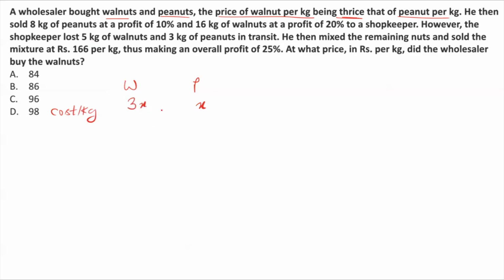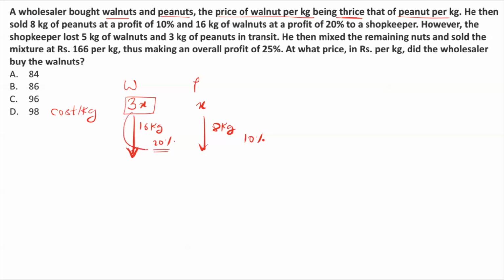The wholesaler sells 8 kg of peanuts at a 10% profit. Further, 16 kgs of walnuts are sold at a 20% profit. So we can now find the selling price for the wholesaler. The cost price for walnuts is 3x and there is a profit of 20%.